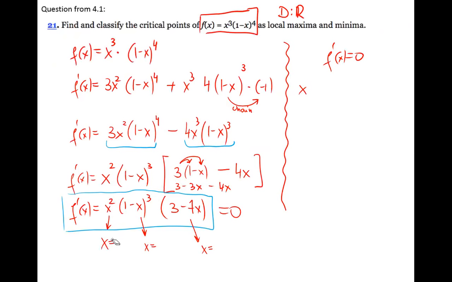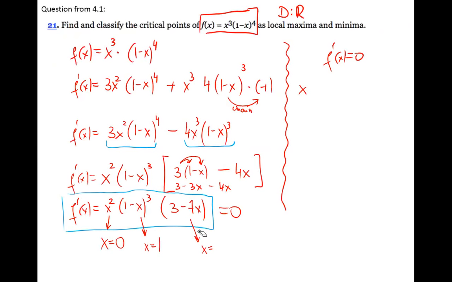This will give me what? In order to get 0, it's just 0. Thank you, 0. What about the second factor? What value will give me 0? What do I have to substitute instead of x? Oh, 1. Thank you, Craig. Thank you, Ryan.